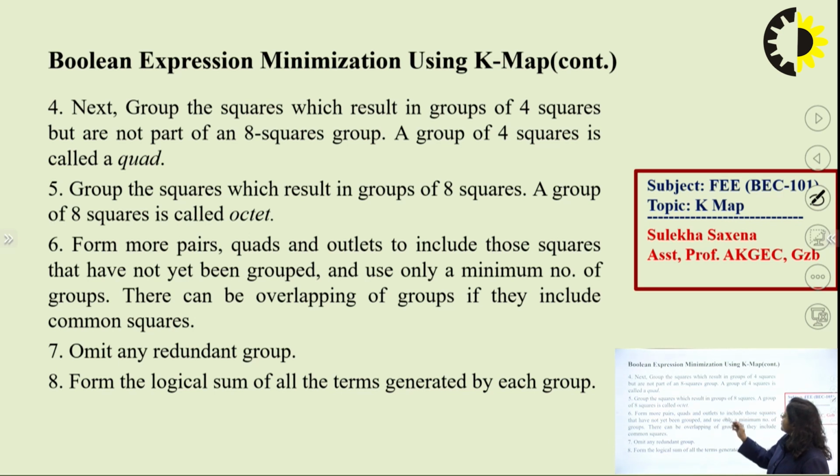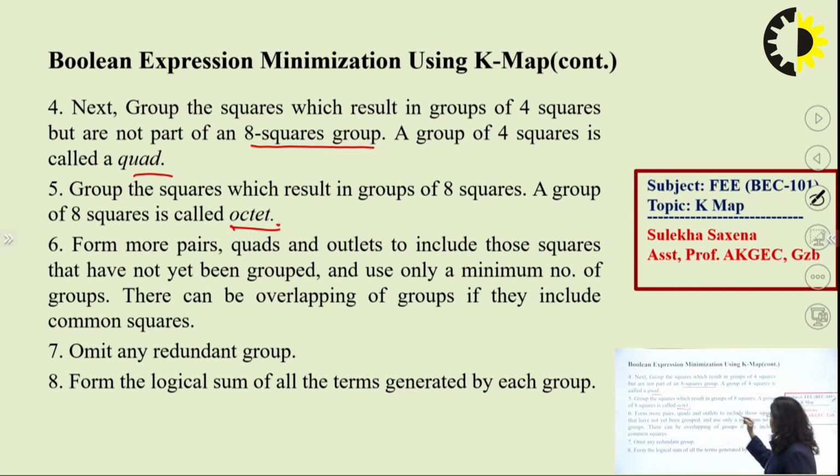If there is a group of 8 ones, it is called an octet. If there is a group of 4 ones, it is called a quad, and if there is a group of 2 ones, it is called a pair. Now, we group these ones or zeros in the order with highest priority to octet.